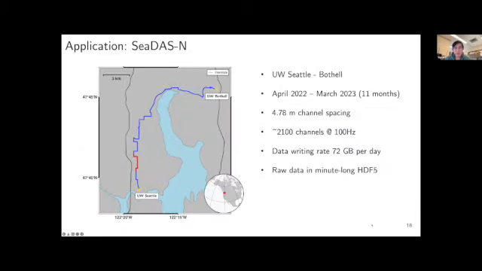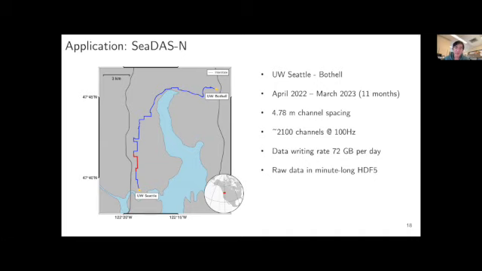To showcase our platform, we use another dataset from a dark fiber connecting the UW Seattle and UW Boston campus. The cable goes directly into the Atmospheric and Geophysical buildings on the Seattle campus and is connected to a DAS interrogator. The experiment lasted for 11 months, beginning April 2022, and about 2,100 channels are evenly distributed along a 10-kilometer segment.